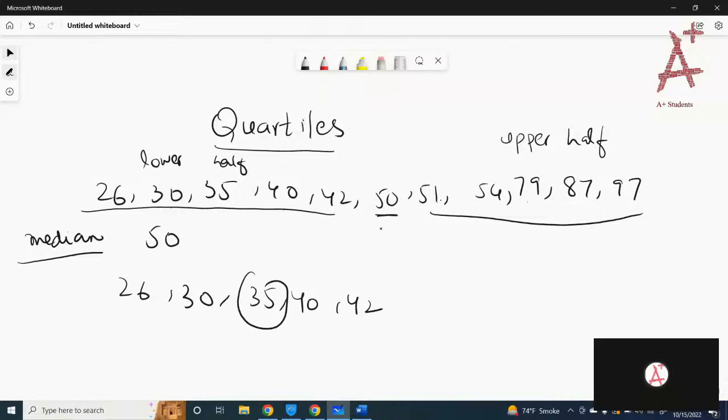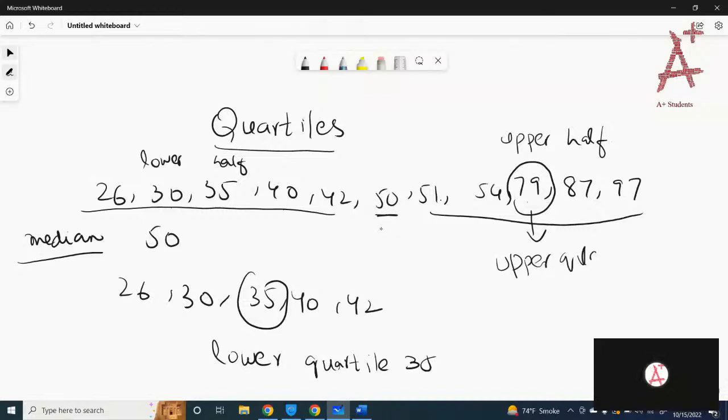The median is 35, or you can say the middle is 35. That means the lower quartile is 35. And here in the upper half, 79 is the middle number. You can say it is the upper quartile. Got it?